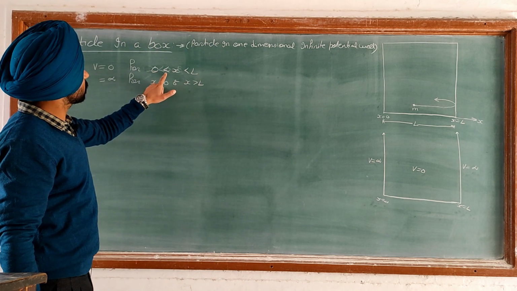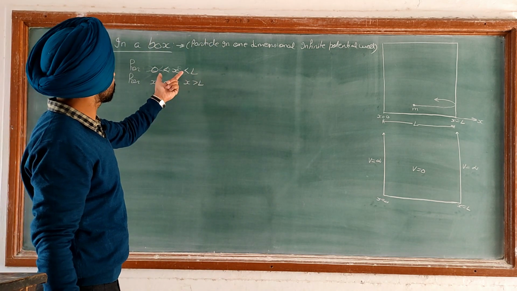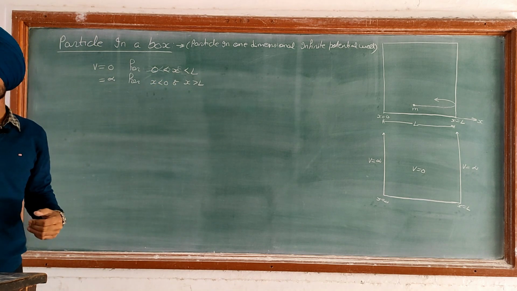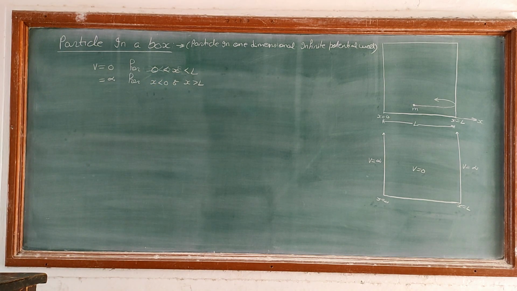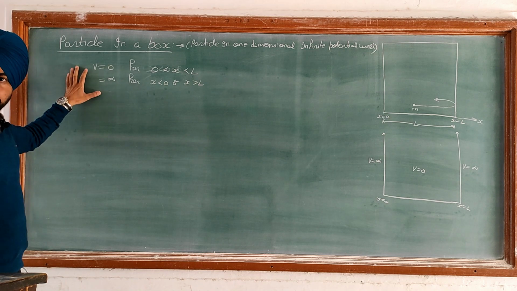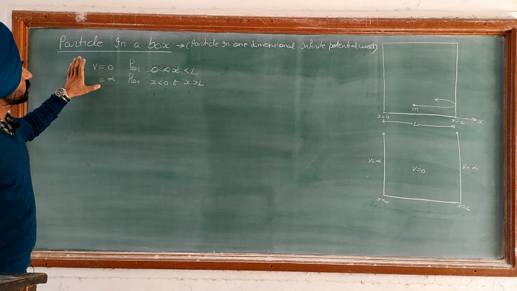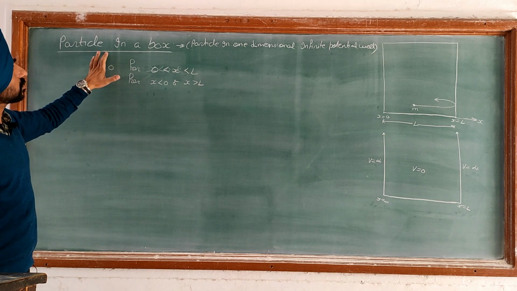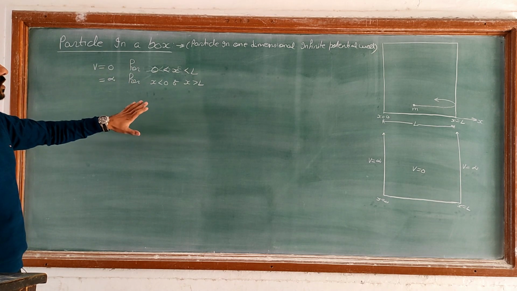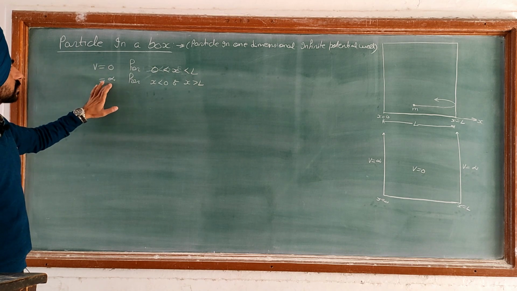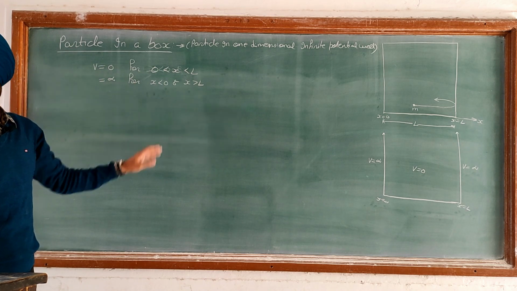So 0 less than x less than L means x lies between 0 and L. So this is another way the examiner can ask this topic in the examination, with the help of 3 names: particle in a box, particle in a one dimensional infinite potential well, or from V equal to 0 to infinite for these conditions.